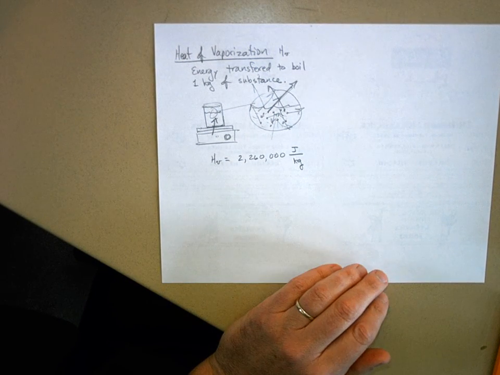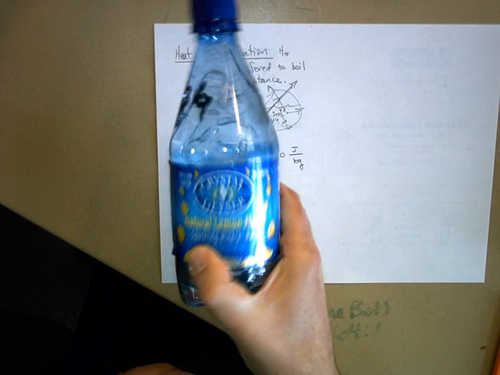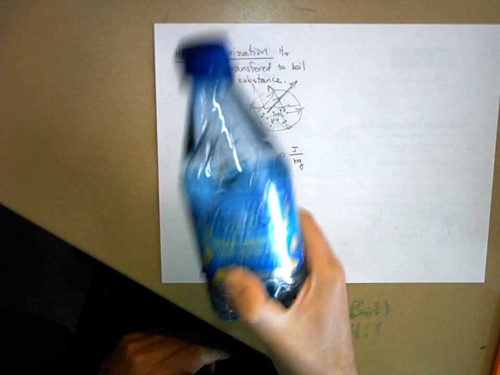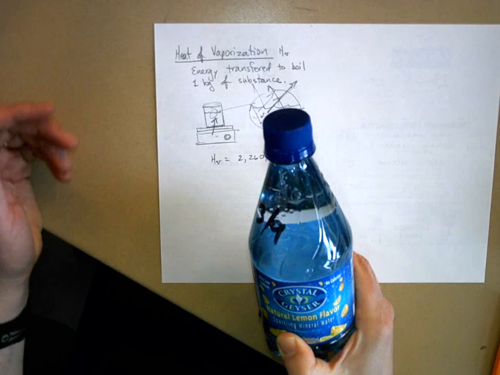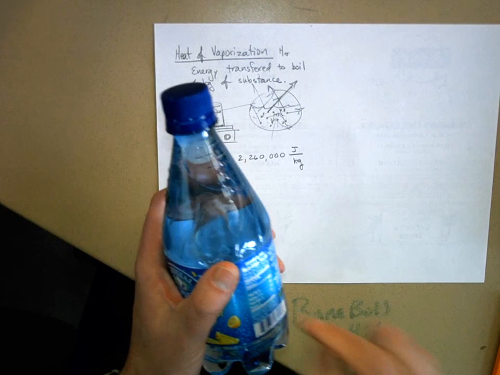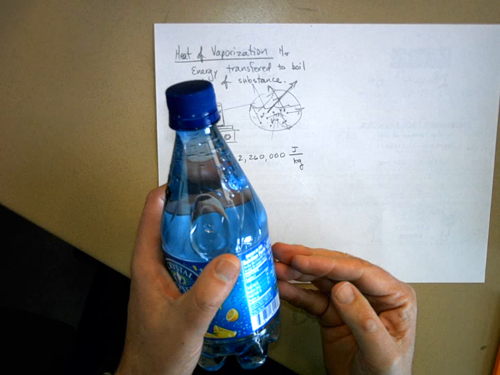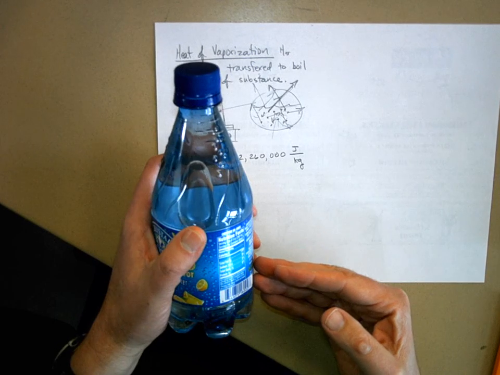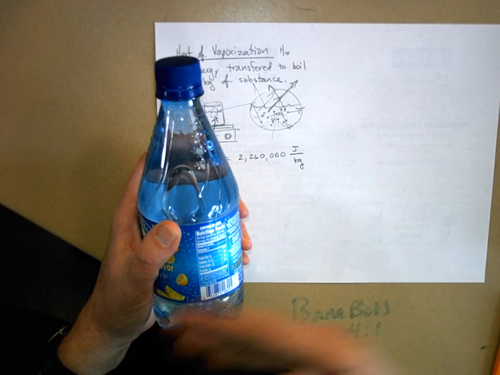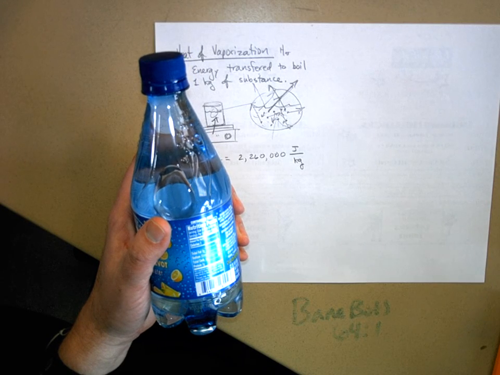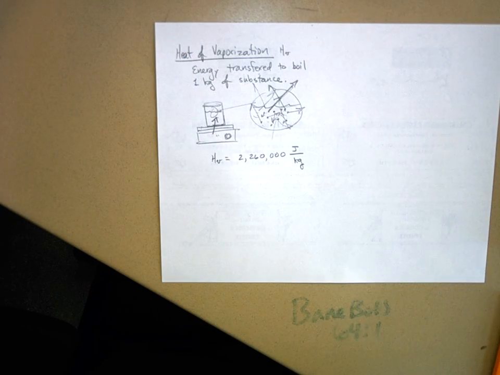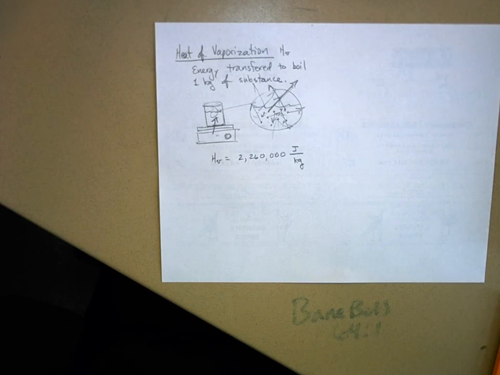So this water bottle right here takes over 1 million joules of energy to vaporize it. Now that's after I already got it to 100 degrees Celsius. So I got to put energy into it to increase its temperature to 100 degrees Celsius, and then I got to put 1 million joules into it to get it to boil away. Now, that's a lot of energy, isn't it? That's a lot of energy.